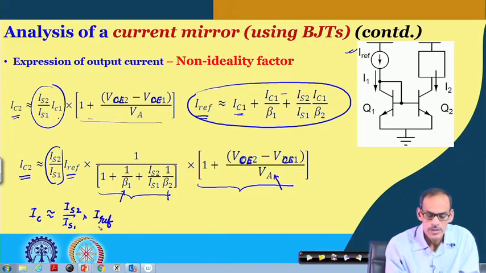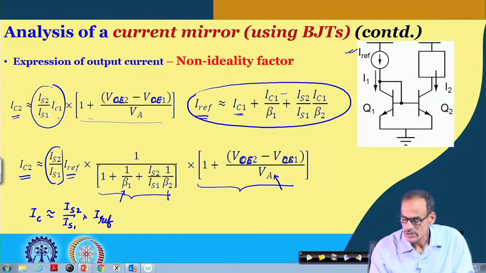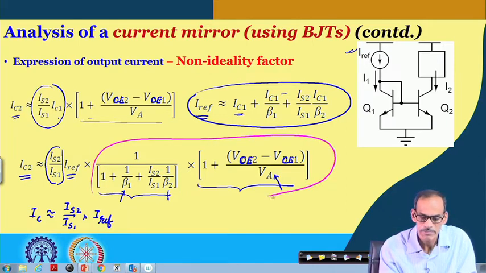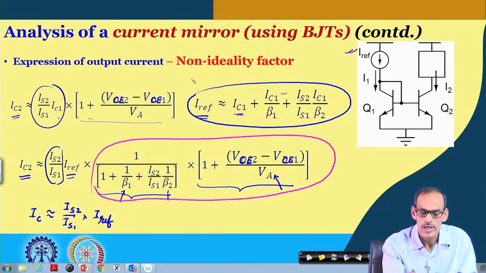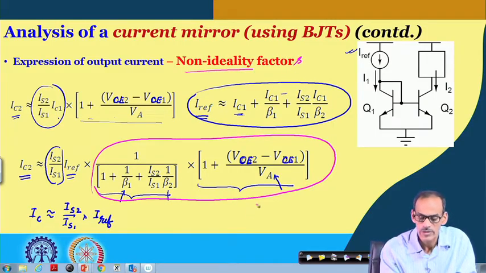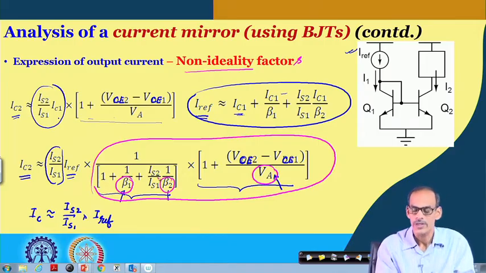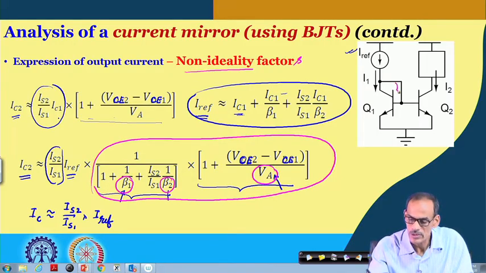So, the rest of the expression, this part we can say is the non-ideality factors. It has two factors: one is due to the early voltage, and another is due to the finite value of beta, or whatever you say, the current loss here due to the base bias.